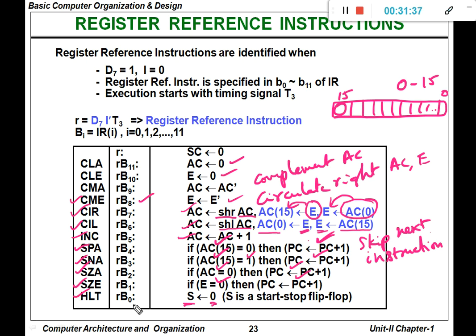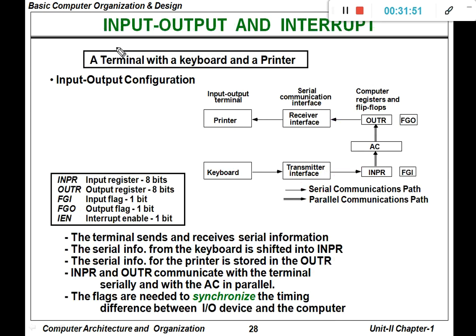This halt instruction is represented as RB0. So like this, the operations are represented in register reference instructions, and these are the total register reference instructions available. The third and last category is input output instructions.